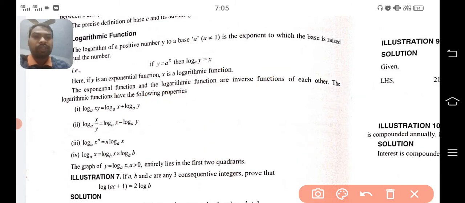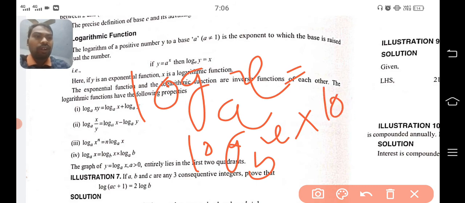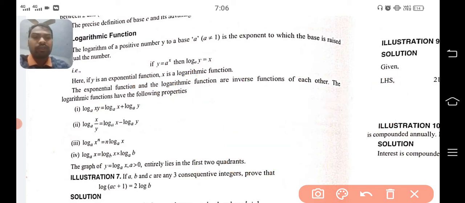Clear? Next, log base a of x is equal to log base b of x into log base a of b. Point number four: log x with base a is equal to log x with base b, into log b with base a.